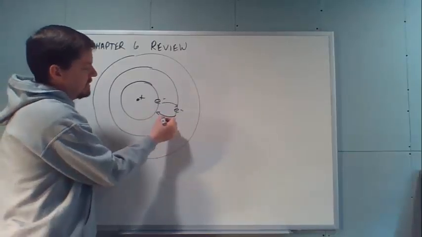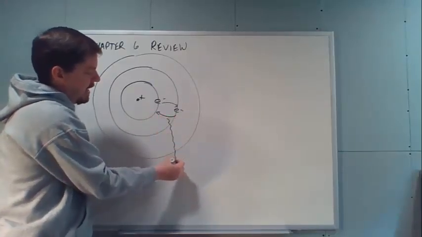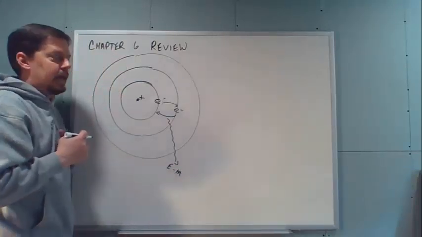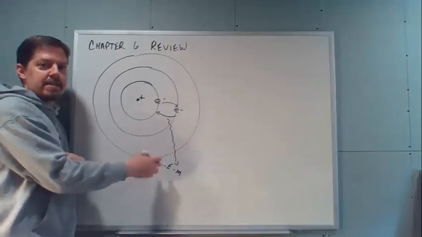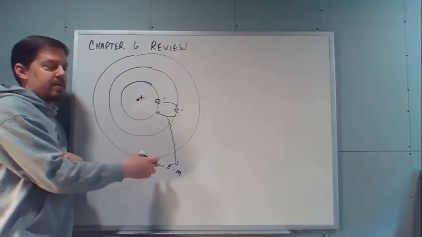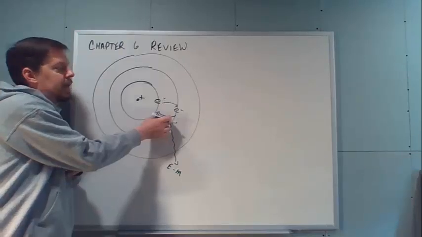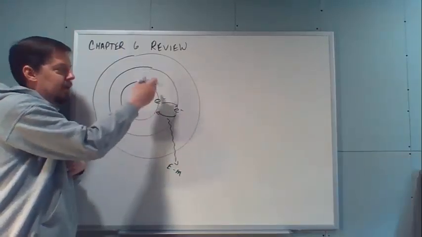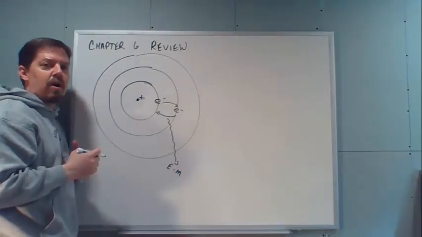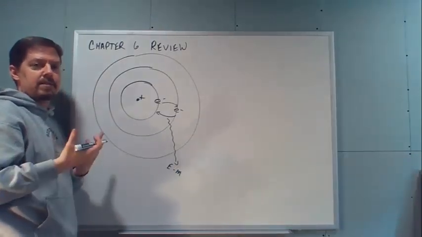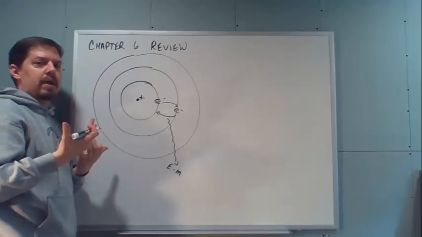And when they fell back down from the excited state, out of that would come electromagnetic radiation. And so based on the amount of radiation that came out, they knew what the difference in energy was between these energy levels exactly. And so then you can calculate what the different energy levels are that the electron can occupy in the hydrogen atom. And that's what Bohr and Rydberg and Planck did.